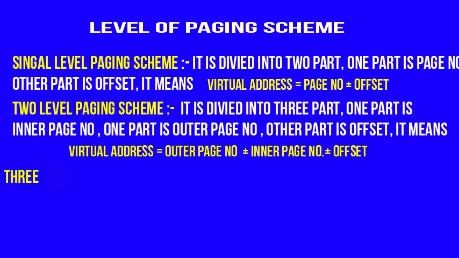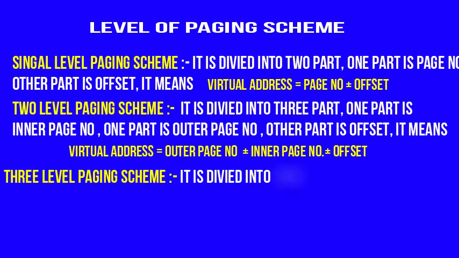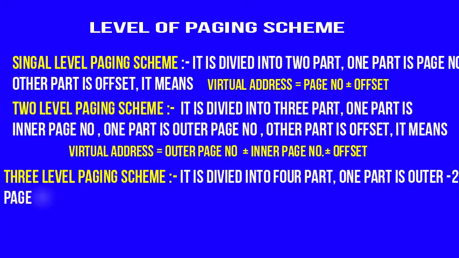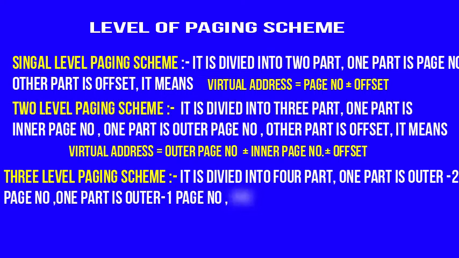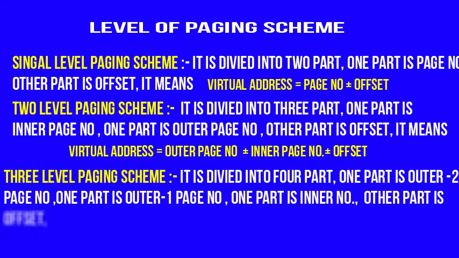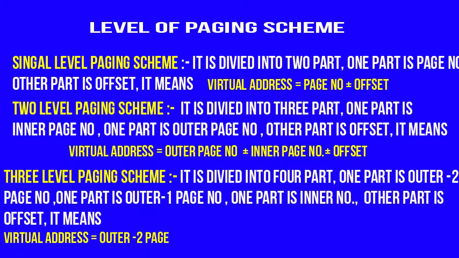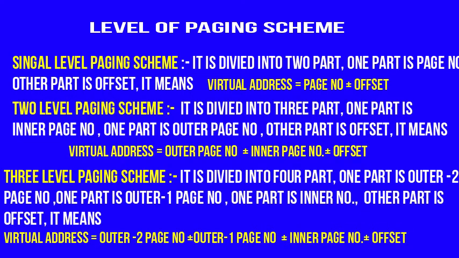Third level paging scheme is divided into four parts: outer two page number, outer one page number, inner page number, and offset. It means virtual address equals outer two page number plus outer one page number plus inner page number plus offset.